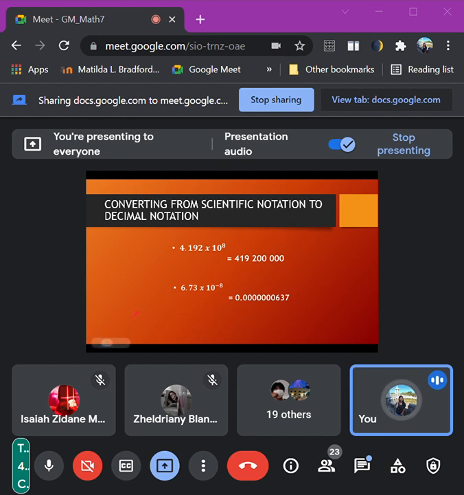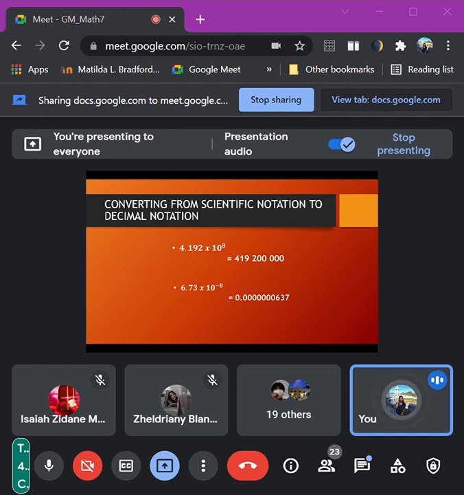So we can see here our example, 4.192 times 10 raised to the power of 8. Okay, so our exponent is positive 8.